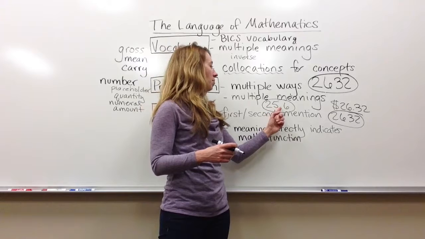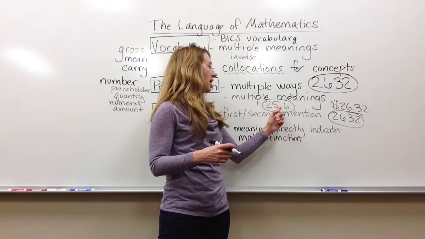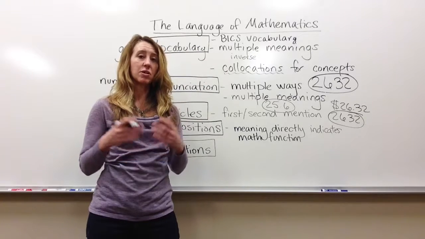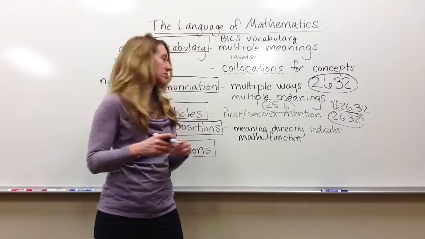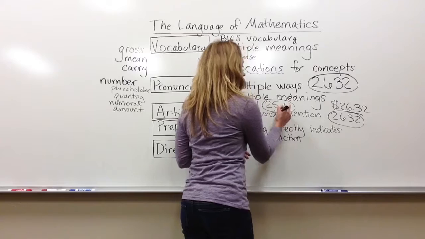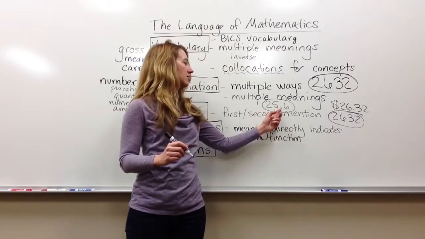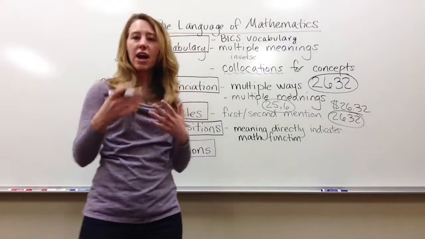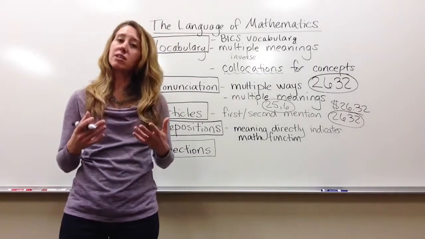A point, a dot like this, might indicate something different to students. It might indicate thousands. And often a decimal is written with a comma. So just another aspect to keep in mind and to be sensitive to.